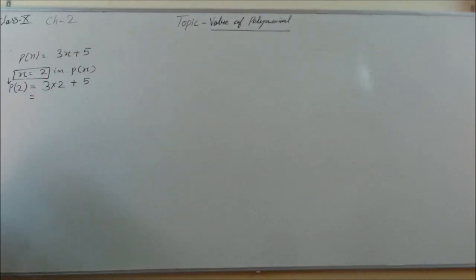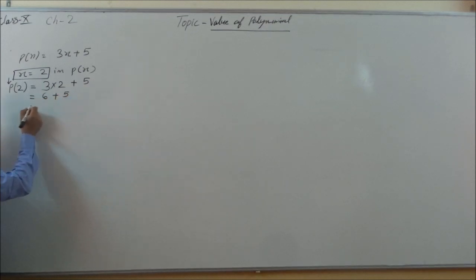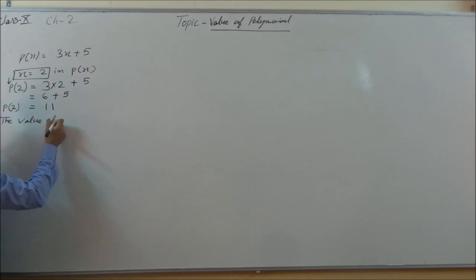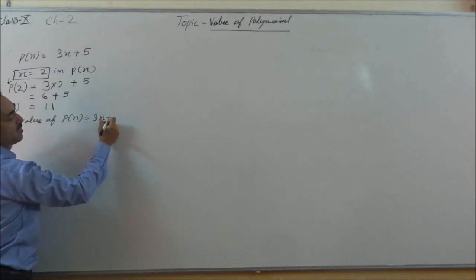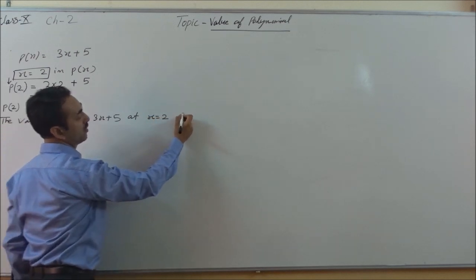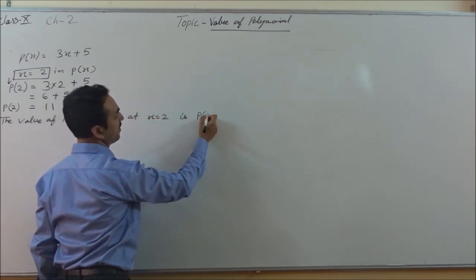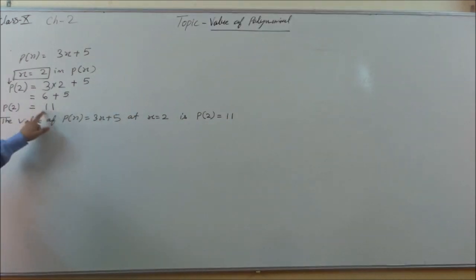We will simplify this one. 3 times 2 is 6, plus 5. 6 plus 5 is equal to 11. So P(2) is equal to 11. It means the value of P(x) equals 3x plus 5 at x equals 2 is P(2) equals 11.